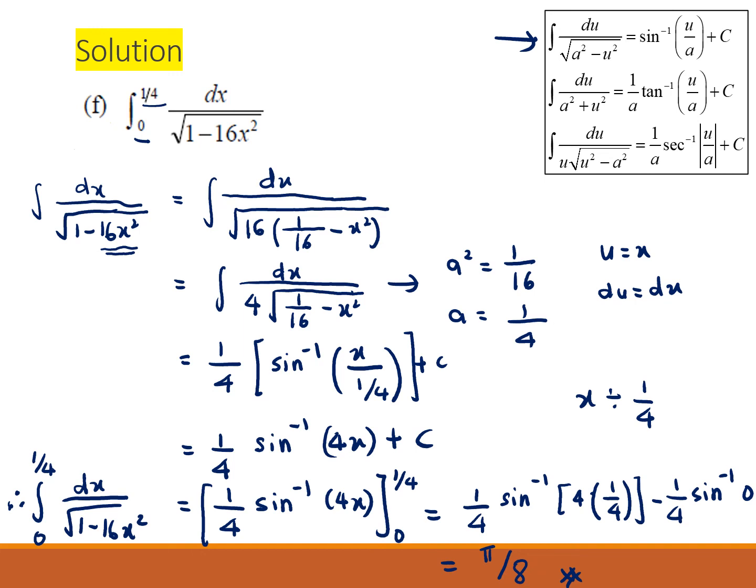Just for your information, how to find the inverse sine of 1 using a calculator is you have to click shift and then you click sine, then you will get the arcsine, and then you click a number, any number, which for our case is 1, so you will have arcsine of 1.